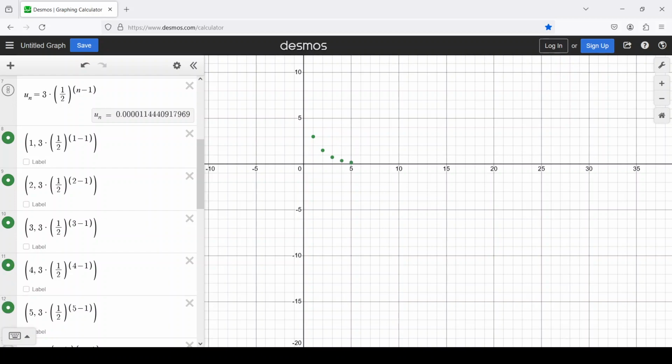What's happening here? Well, it appears that as it's shrinking, it's getting closer and closer to 0. Where did we see this before? That's right, exponentials and logarithms. Right? This is a decay. This is an exponential decay.